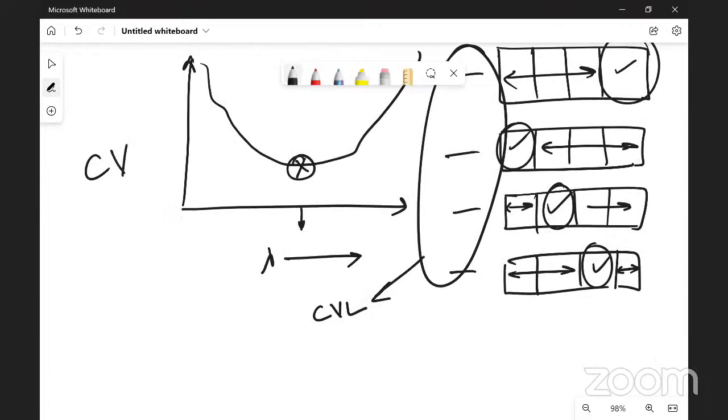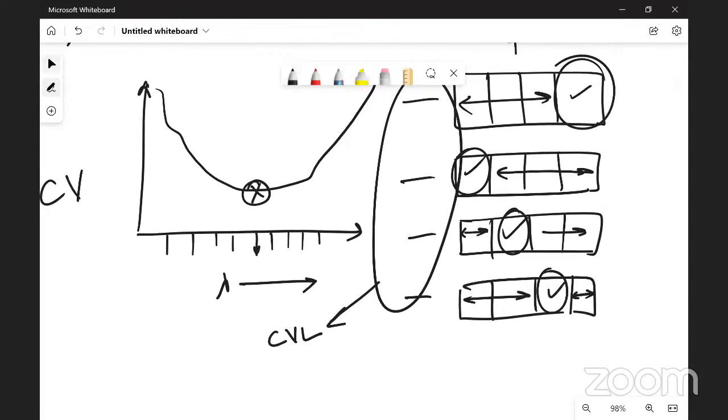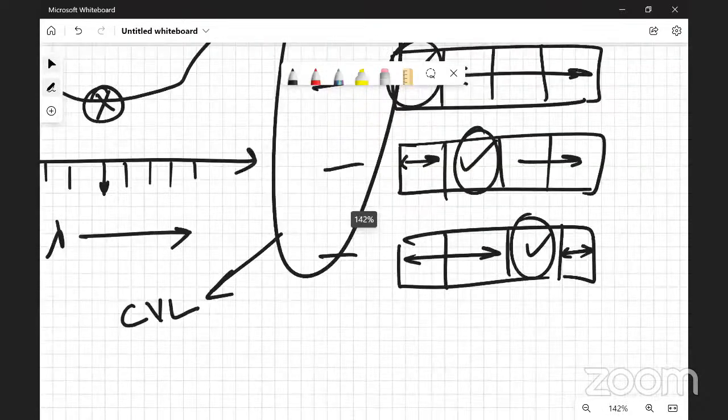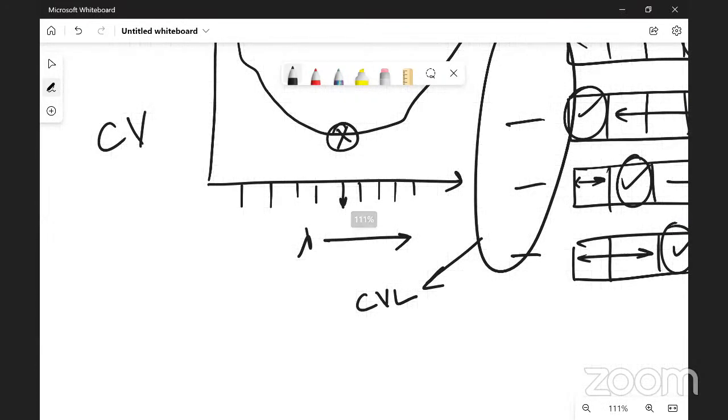For every value of lambda, we plot this cross validation loss in this chart. The value of lambda that gives the least cross validation loss is the chosen value for our model, the best regularization rate.